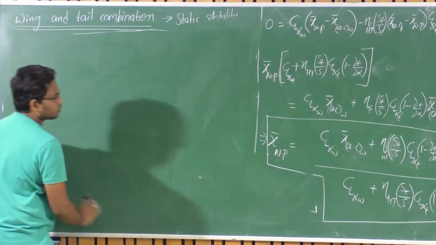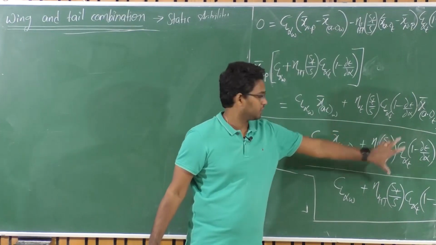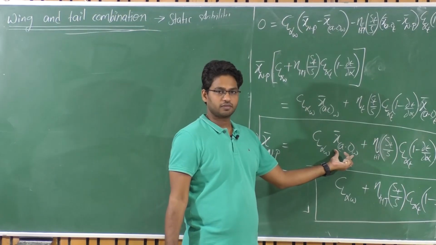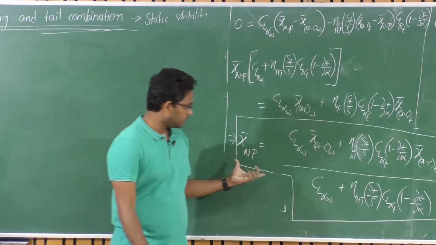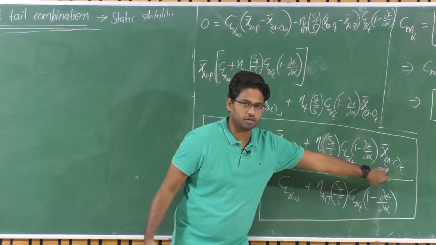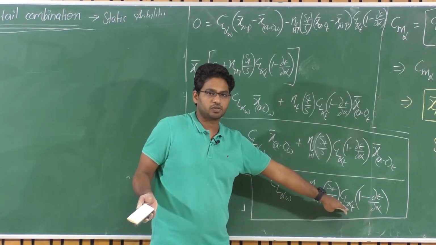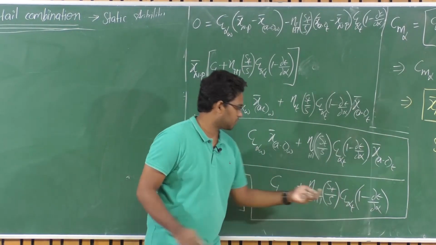Similarly, for a wing alone configuration, there is no tail here, right? This neutral point is nothing but x AC of wing. Am I correct? For a wing alone configuration, if you substitute CL alpha of T as 0, x AC of T is 0, so this becomes 0 and CL alpha of T doesn't make sense. There is no CL alpha of T, right? These two terms disappear.